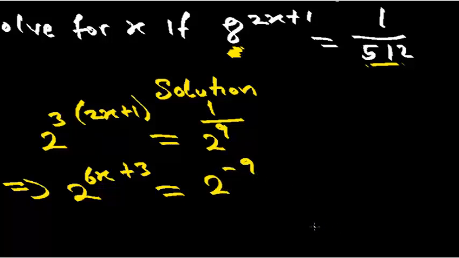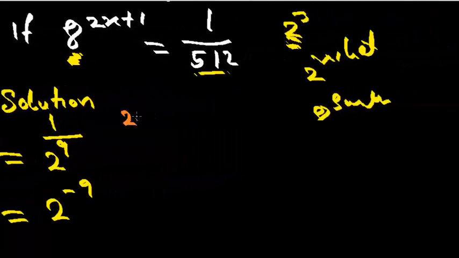And the explanation here is very simple. If you consider the 1, we can write the 1 as 2 exponent 0. Every number exponent 0 is 1. So this one we can rewrite as 2 exponent 0, then dividing by 2 exponent 9.